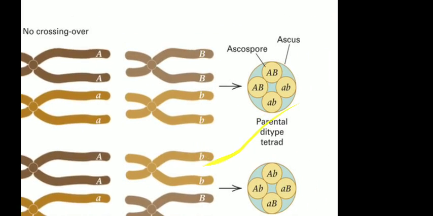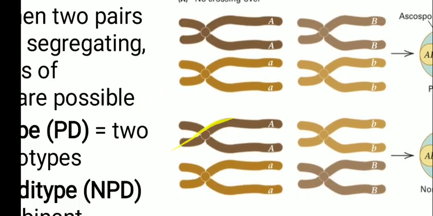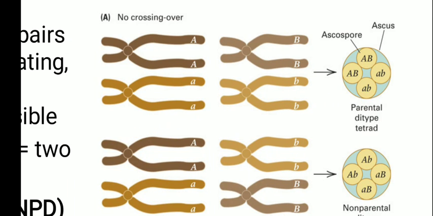Here you can see the ascus structures, in which the first diagram is of the parental type, where only two parental type ascospores are observed.